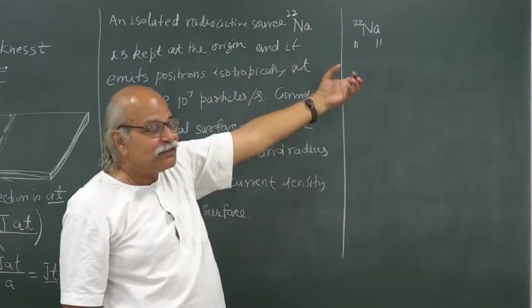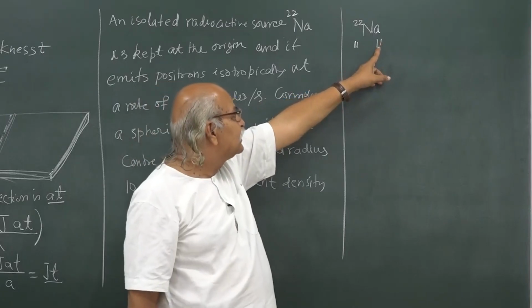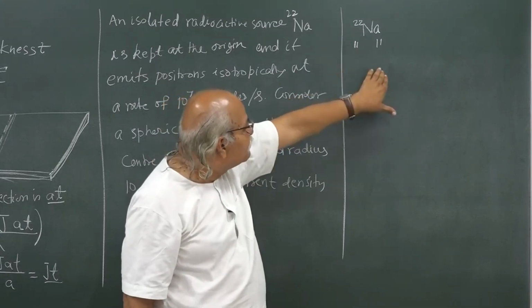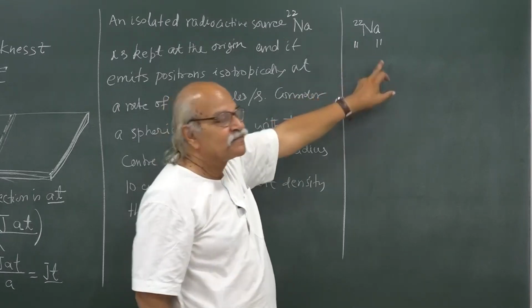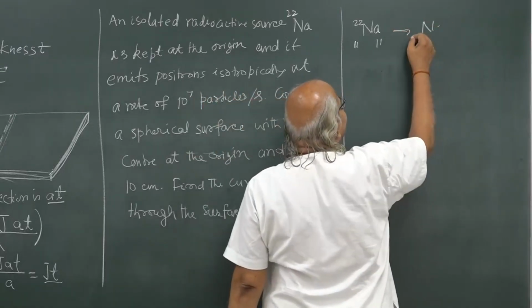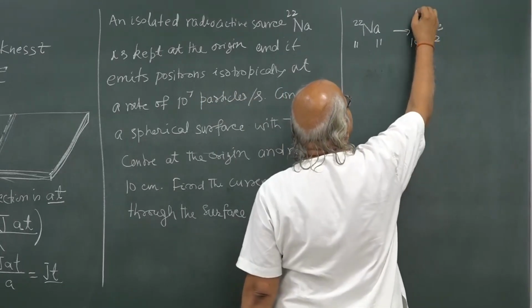From stability, this should have been 12, so this is less, and therefore one proton will convert itself into a neutron, and this will become 10 protons and 12 neutrons. And what is this 10? This is neon.